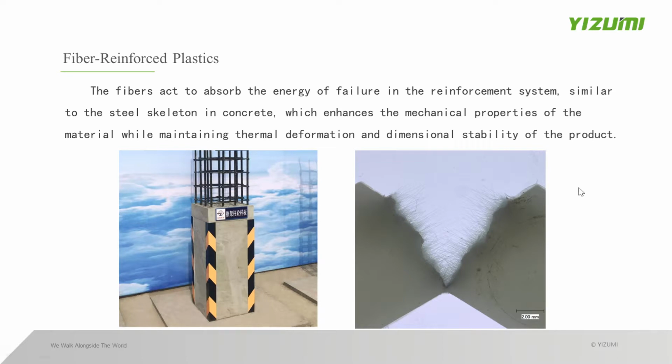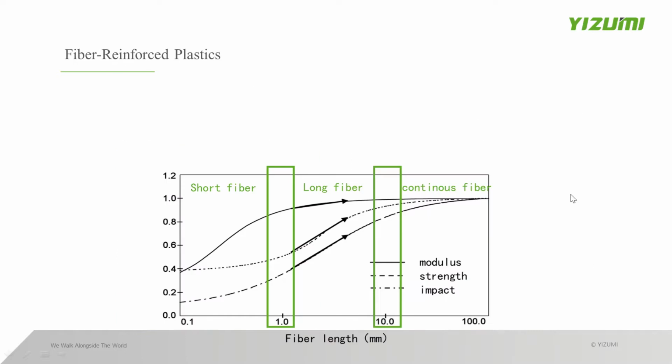So as this clarifies, I will go to the next step. This one is a very common graph when we talk about fiber length's influence on the mechanical properties. So what can we learn from this graph, from the three curves? I think we need to look at three parts.